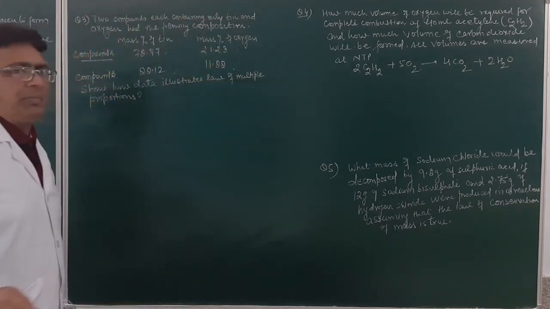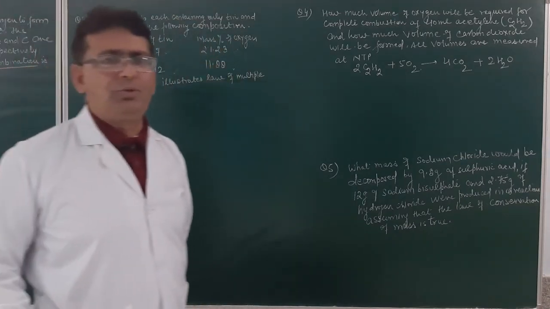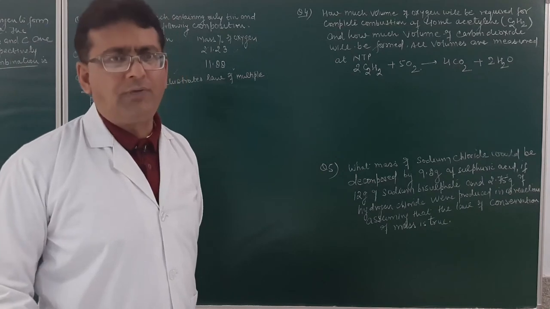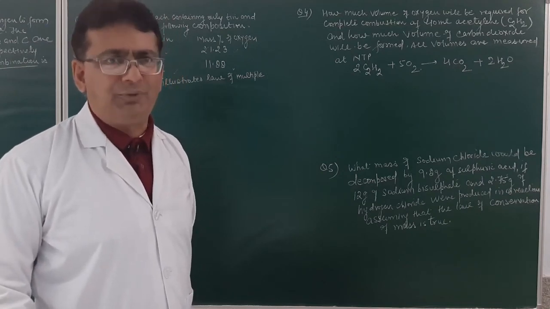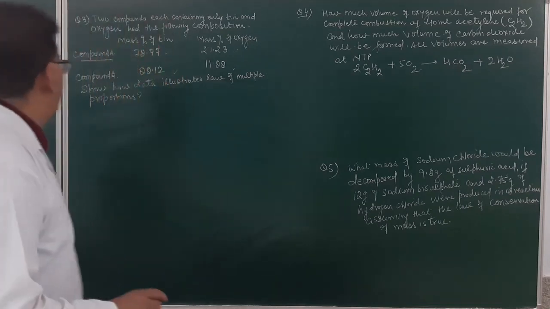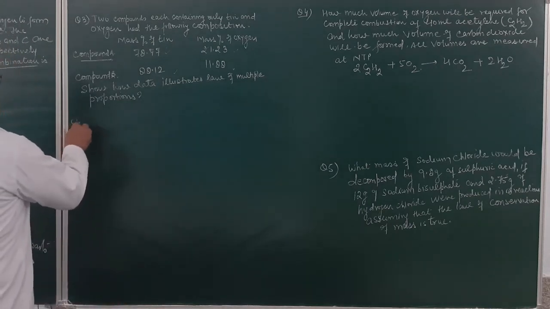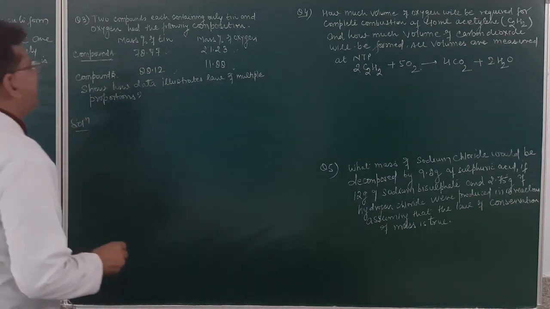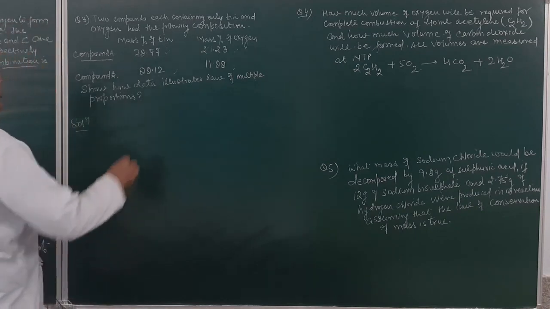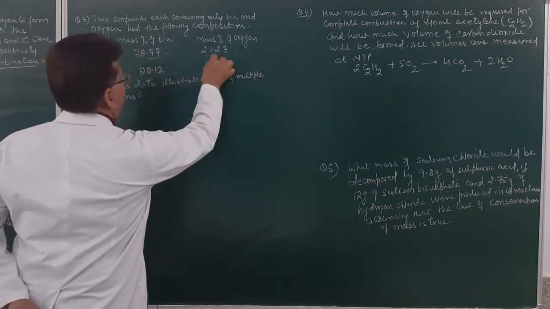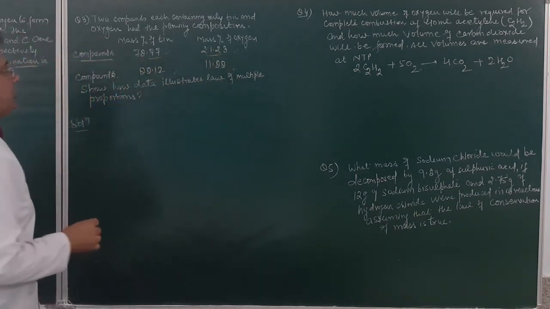Now in the law of multiple proportion, the mass of one element is to be fixed and the ratio of the other element, that is having different masses, must be in a multiple ratio. Look at this student over here. What is the percentage of tin? 78.77. What mass of oxygen combines? 21.23.